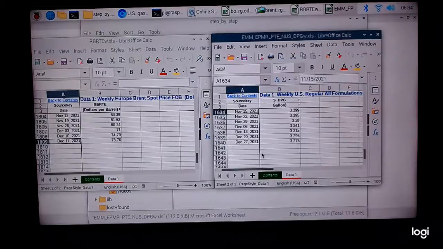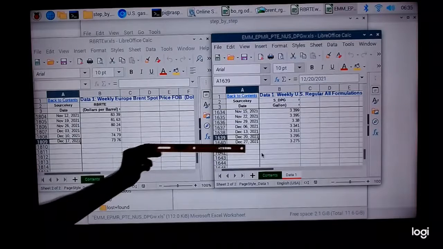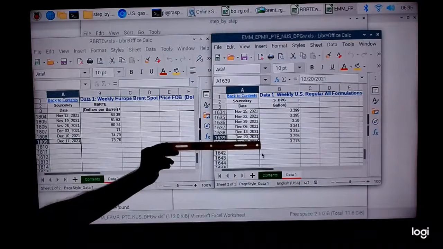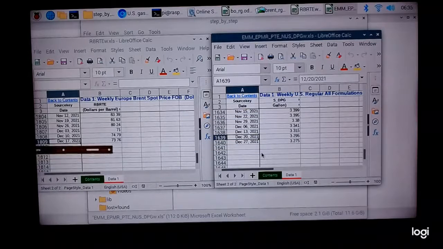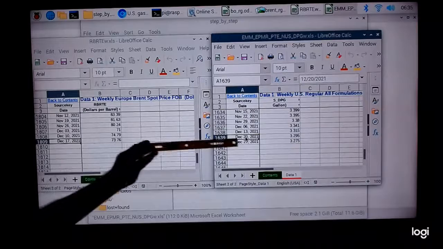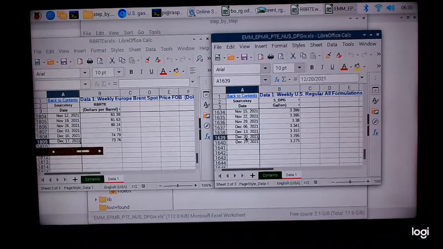this is why I use AWK to merge these data sets. The weekly data for the gasoline is on Monday, and the weekly prices for Brent is on Friday. So I use an AWK program to merge those data sets, and I merge the Mondays into the Fridays here.